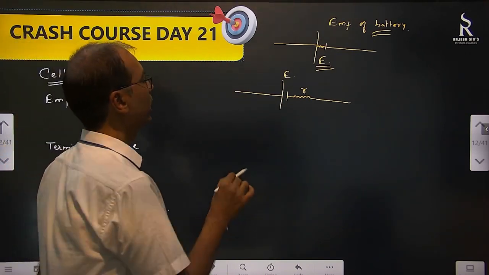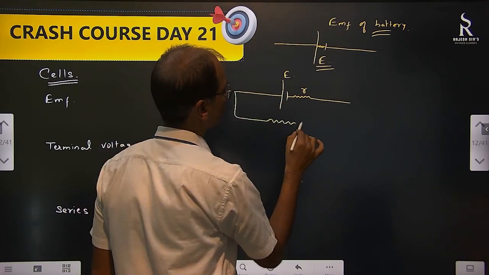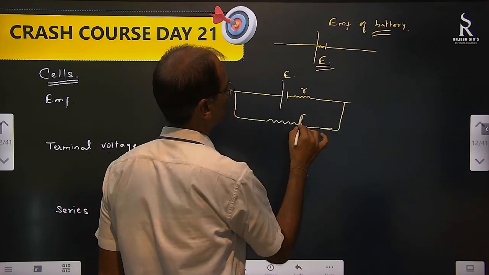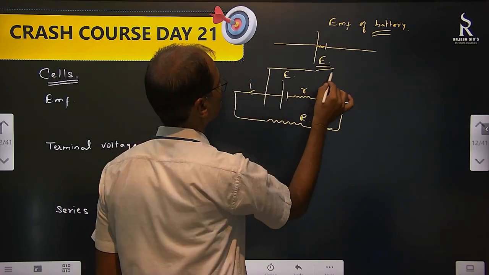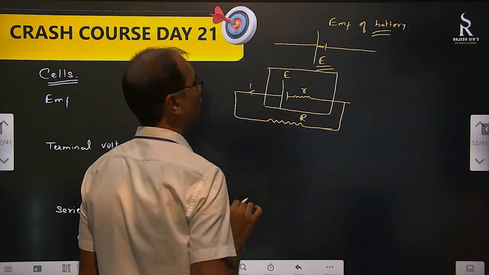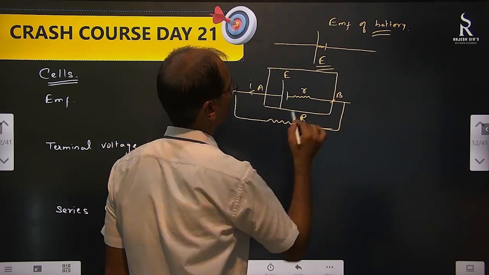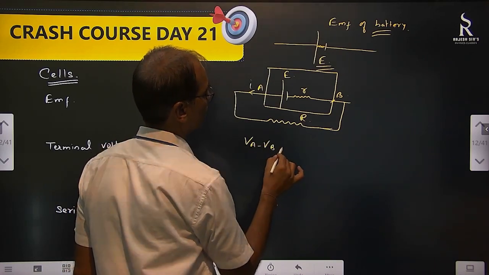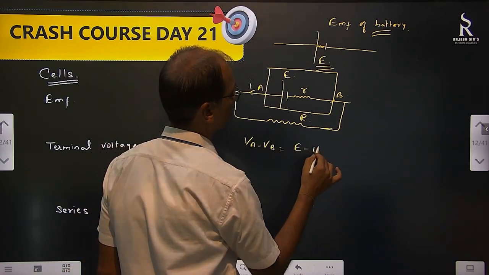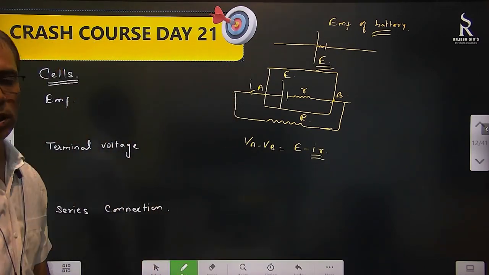So we are getting the potential difference across the battery. Suppose we are using it across this external resistance R and this is I. So across this battery, how much potential difference is there? That is what we are getting as energy. So VA minus VB is equal to E minus Ir.